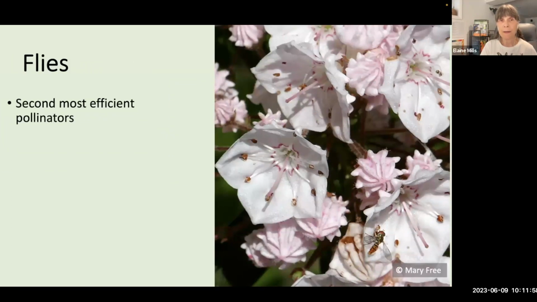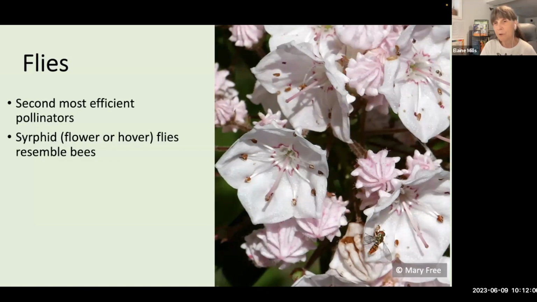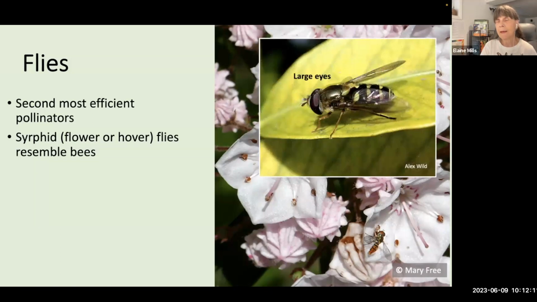Flies are the second most efficient pollinators, and syrphid, sometimes referred to as flower or hoverflies, such as the one you see pictured in the lower right, resemble bees. They have the same kind of large eyes, but they differ in that they have only one set of wings, short antennae, and no defined waist.